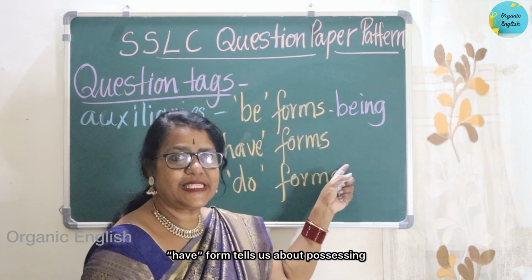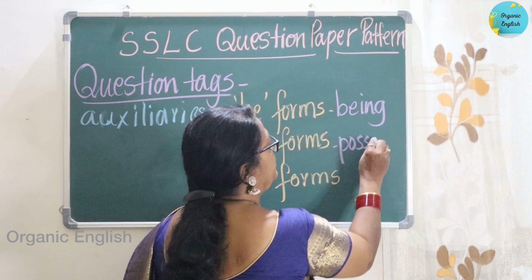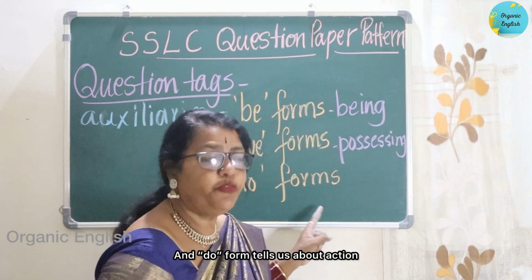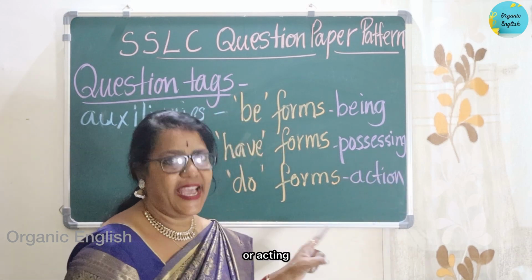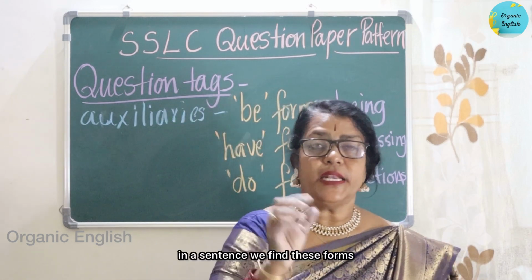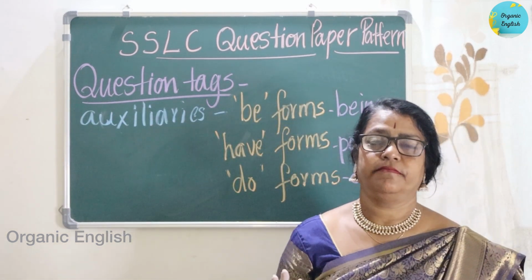Have form tells us about possessing. And do form tells us about actions or acting. So, in a sentence, we find these forms.